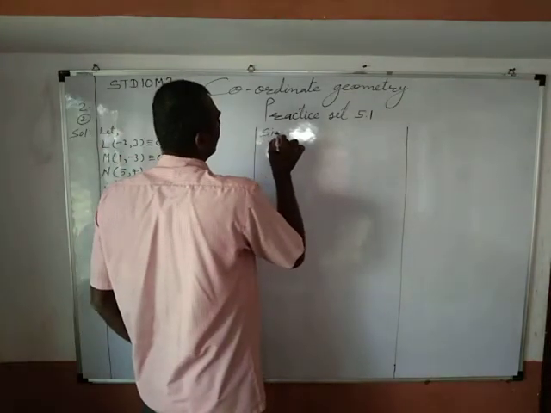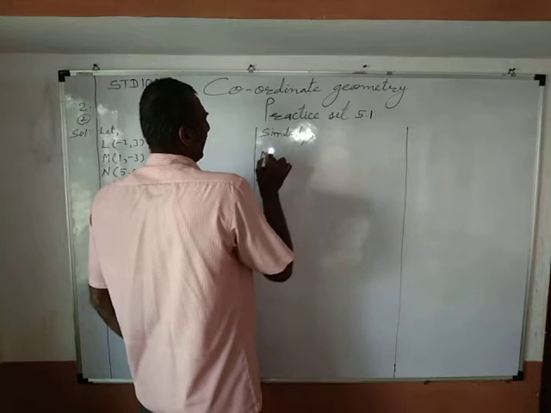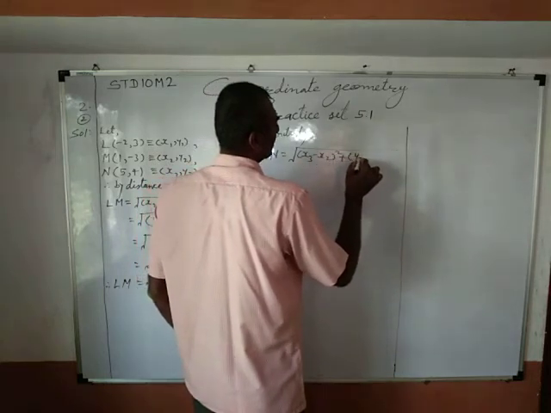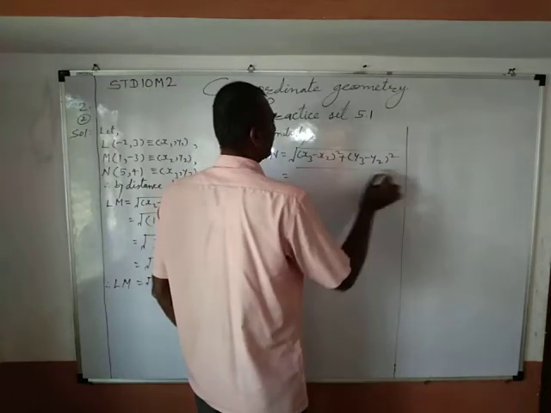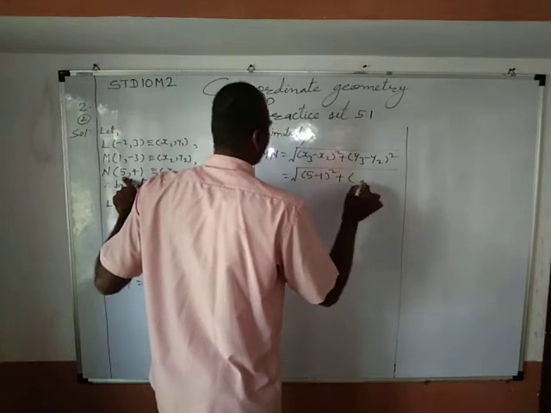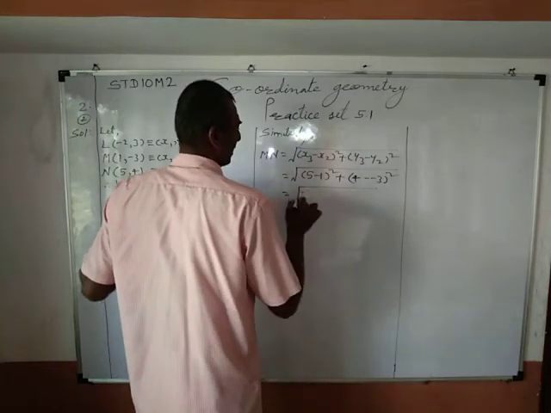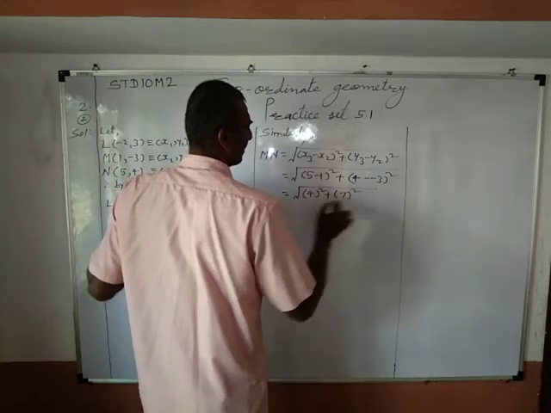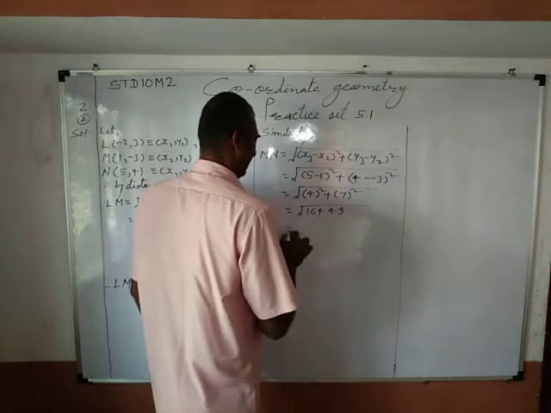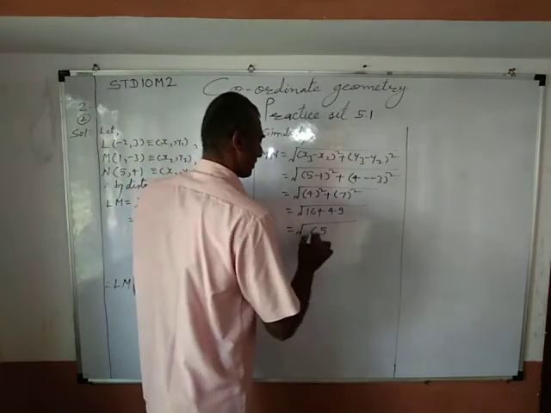Similarly, MN equals under root (x3 minus x2) square plus (y3 minus y2) square, equals under root (5 minus 1) square plus (4 minus 3) square, equals under root 4 square plus 7 square, square of 4 is 16 plus square of 7 is 49, equals root of 65.